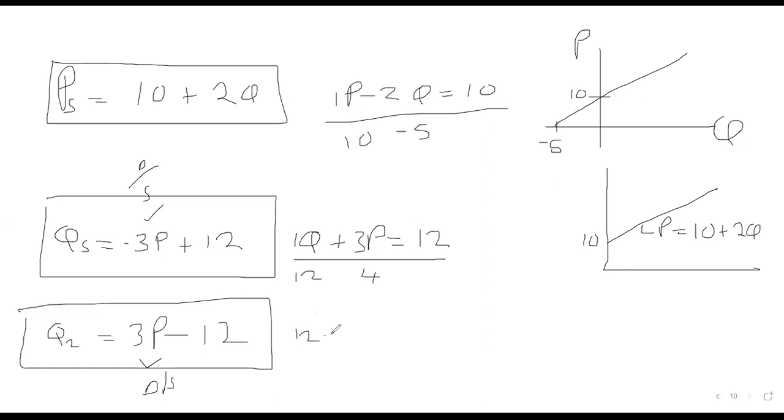The 12 will be positive, and here we're going to have 3P minus 1Q. Do you understand this movement? The 12 is positive, the 3P is fine, and the Q is subtracted. Are we together? Yes.